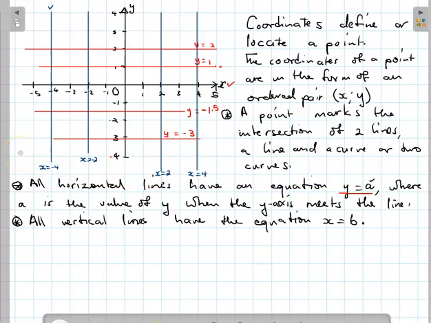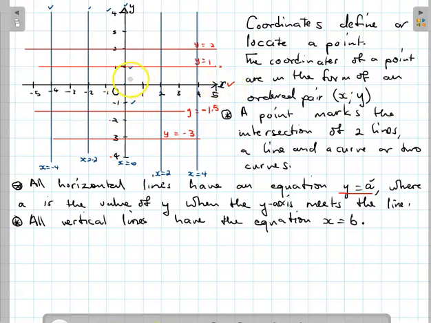Now, if you look at my diagram, this is -2, this is -1, and this is 0. So the y-axis actually cuts the x-axis at point 0. That's why its equation is x equals 0. And then in the same way, the x-axis cuts the y-axis between -1 and 1. That's why its equation is y equals 0.